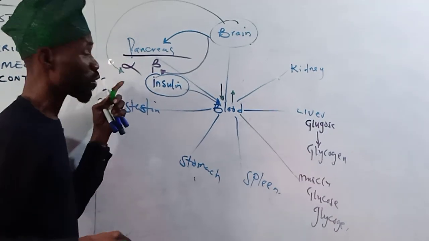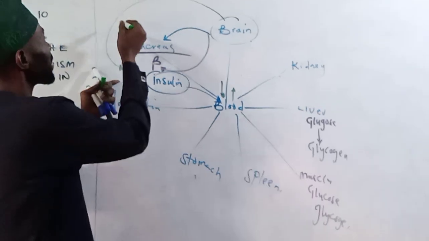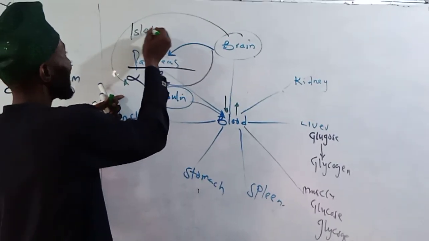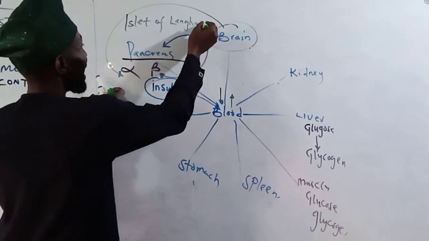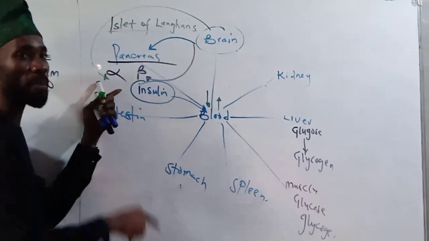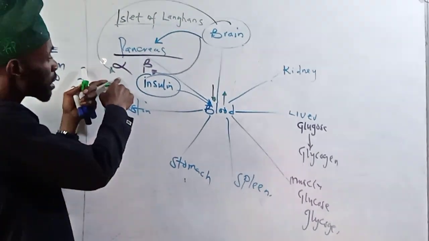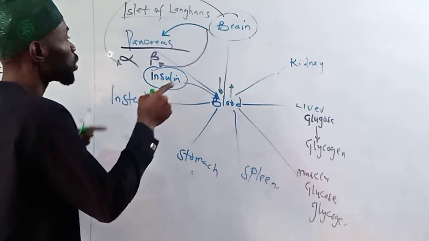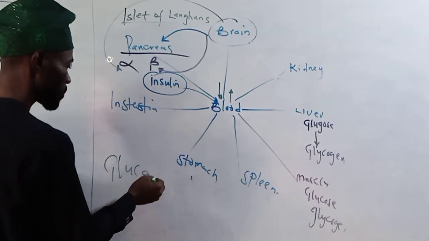The alpha cells of the pancreatic islet of Langerhans. This islet of Langerhans contains these two important cells, alpha cell and beta cell. Now, this second time, it gets to the alpha cell to secrete a second hormone called glucagon.